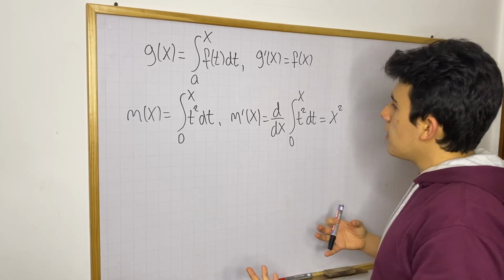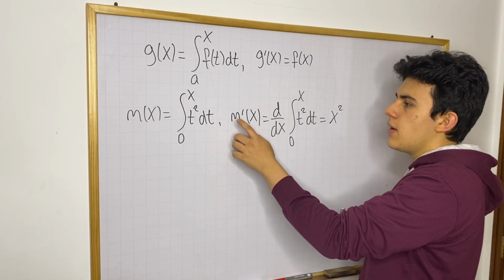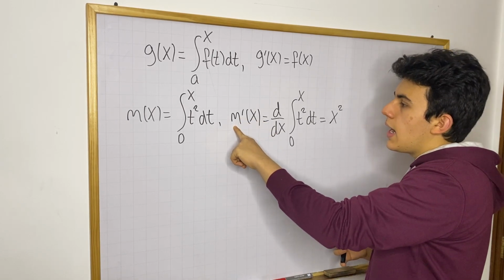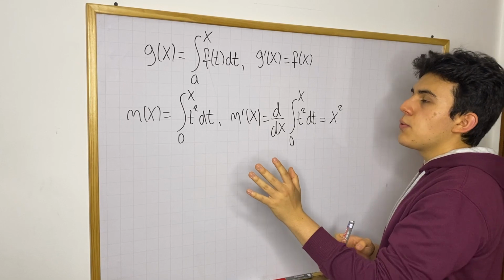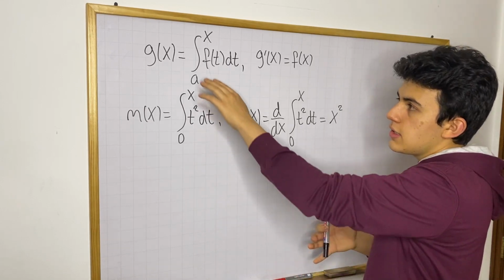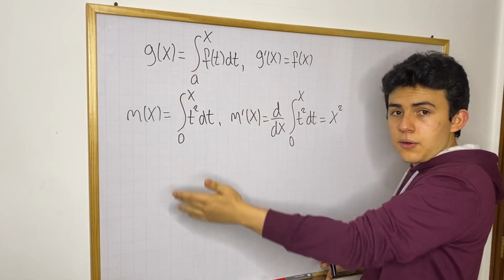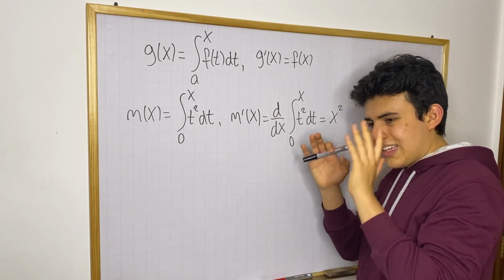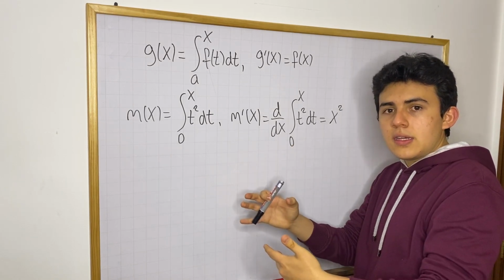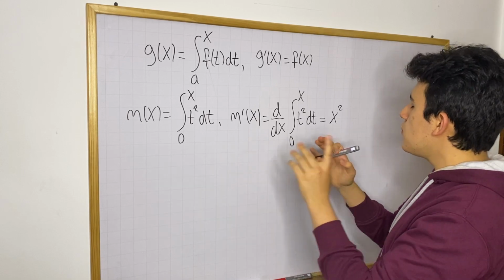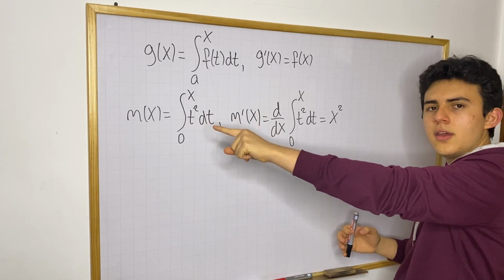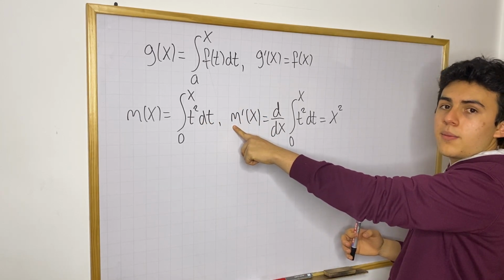Now, if we want to find m double prime, we just want to find the derivative of m prime. And even though we're dealing with a different kind of function, functions written as integrals, you're going to use the exact same logic as if you were dealing with elementary functions to find the second derivative of m, okay? So you're just going to take the derivative of m prime. What is m prime?